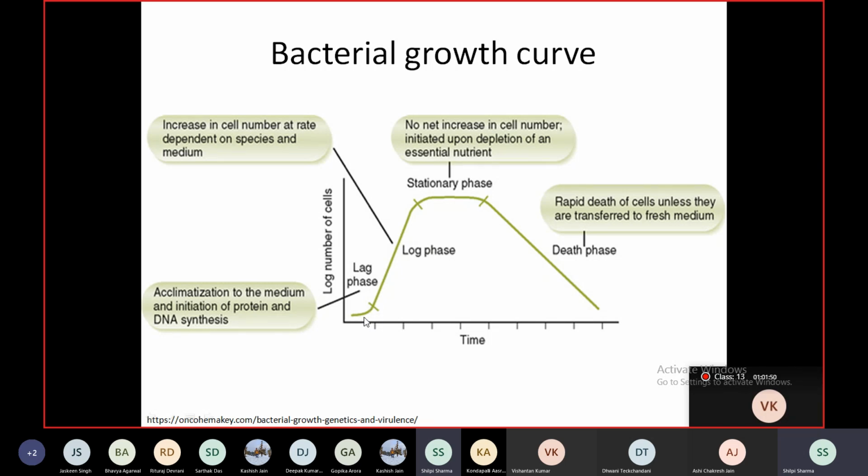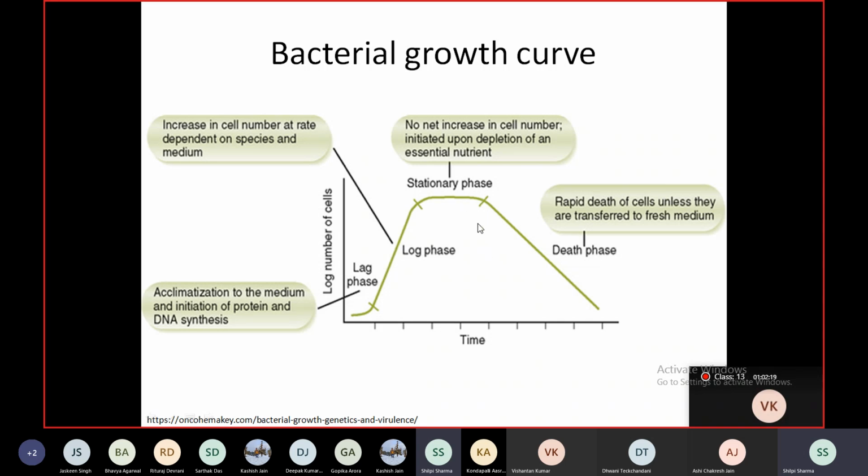There's a distinct lag phase, which is basically because the cells are acclimatizing to the new conditions that you put the cell into, and then you observe this kind of an exponential phase wherein, because of the presence of these nutrients in abundance, you will have this kind of an increase. And then as nutrients start exhausting, you start observing this stationary phase, and finally there is a rapid death of cells. There is no fresh medium and everything.